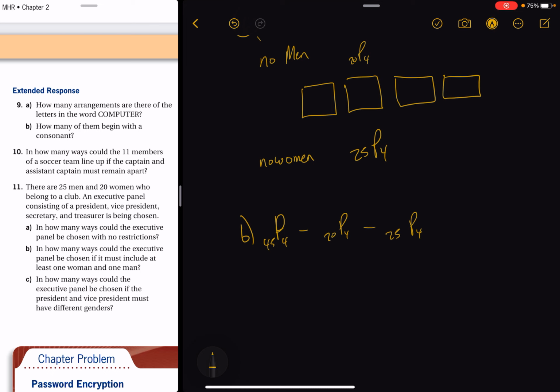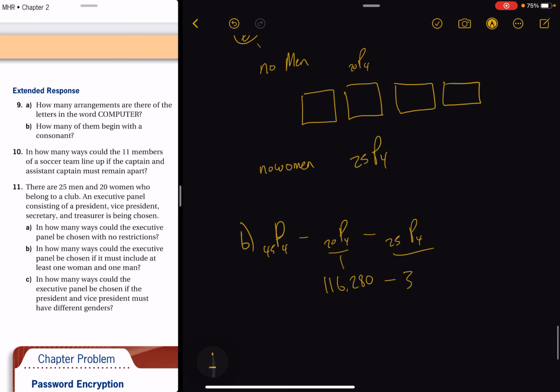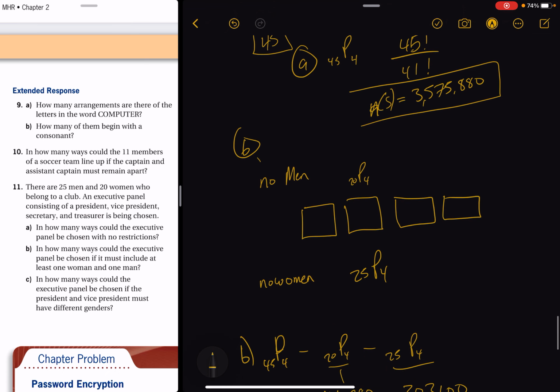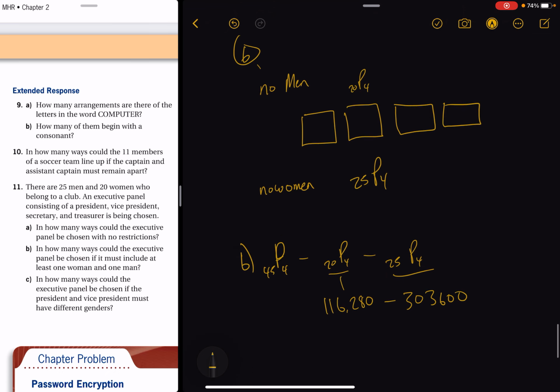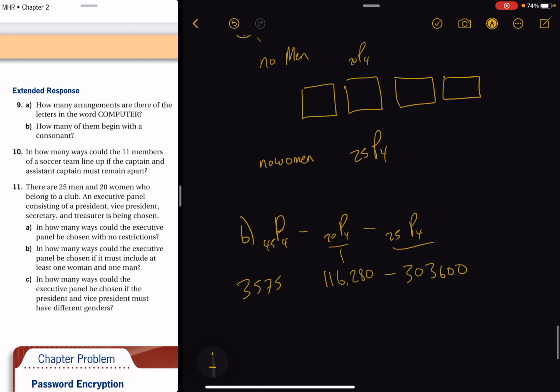That's equal to 20 times 19 times 18 times 17, and that's take away 116,280. I got that from there. And that's 25 times 24 times 23 times 22, and that's equal to 303,600. And that's equal to 3,575,880.